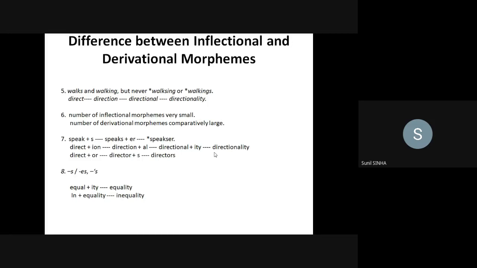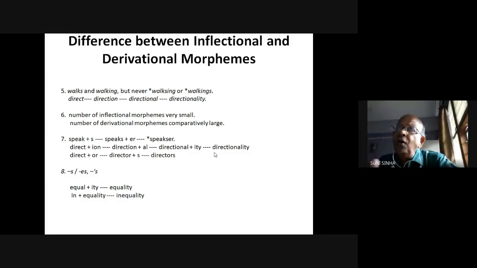Now, S, ES, apostrophe S, these are inflectional morphemes and they are always added at the end of a word, which means they are suffixes. All inflectional morphemes are suffixes in English.